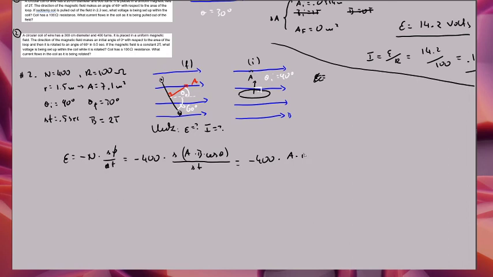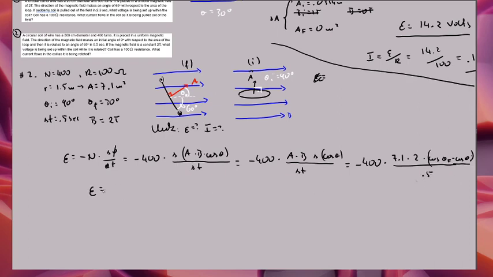So A times B comes out, and I have the delta of the function cosine theta divided by the time. Let's plug some of this in. Minus 400 times area A was 7.1 times the magnetic field 2, and then times the cosine of theta f minus cosine of theta I. This here divided by the time in which the change took place, which is 0.5 of a second.